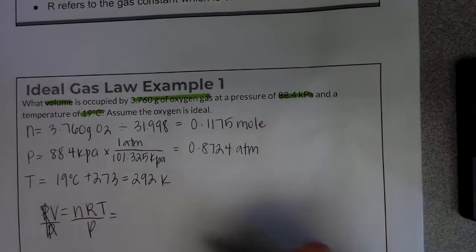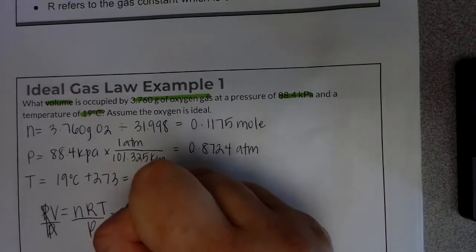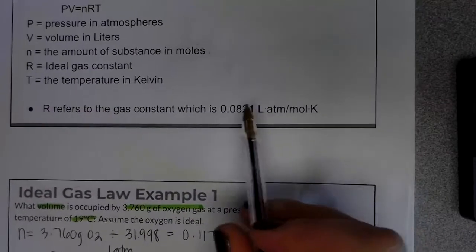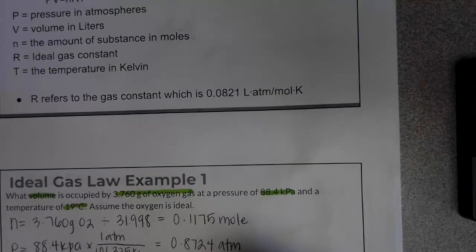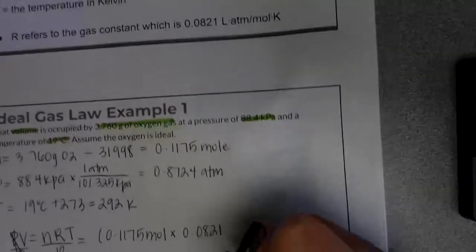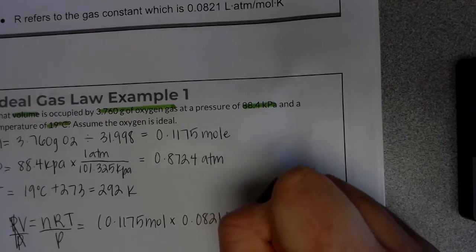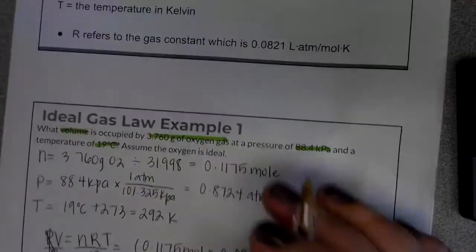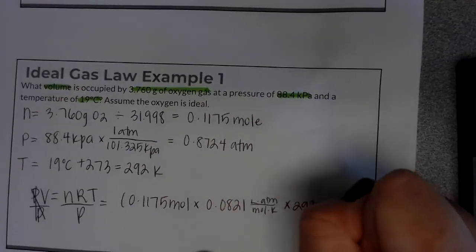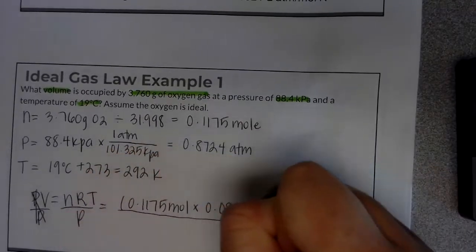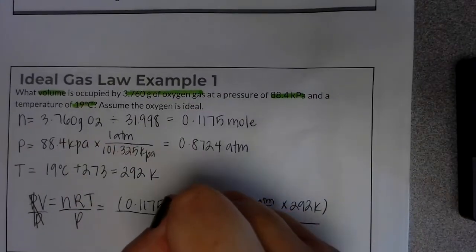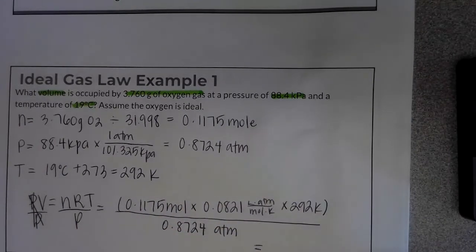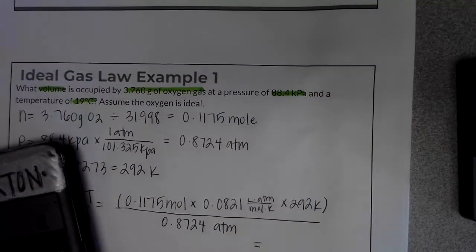My n value is 0.1175 mole times R, and I said I'm going to use this gas constant, 0.0821 liters times atmospheres over moles times Kelvin, times my temperature in Kelvin, which is 292 K. And I'm going to divide that by my pressure in atmospheres, which is 0.8724 atmospheres. Then we will figure out significant figures after we do this.